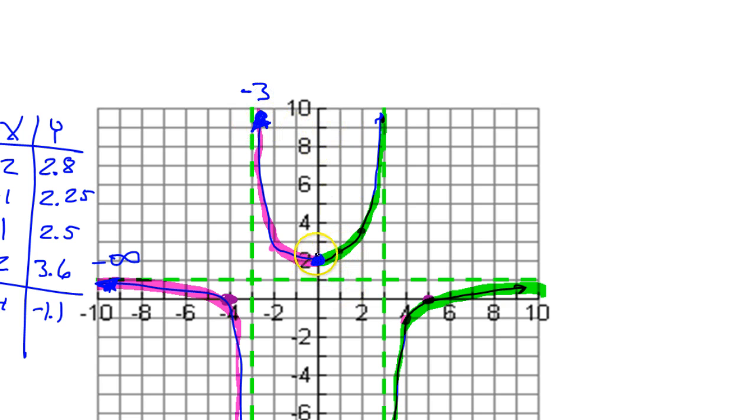Right here, the changeover from decreasing to increasing, the x value here is 0. Okay, because that was our y-intercept. And then this end of this green branch over here. And don't say positive infinity, alright, just because it's pointing up into the sky. We are talking about x values. The x value over here is positive 3.